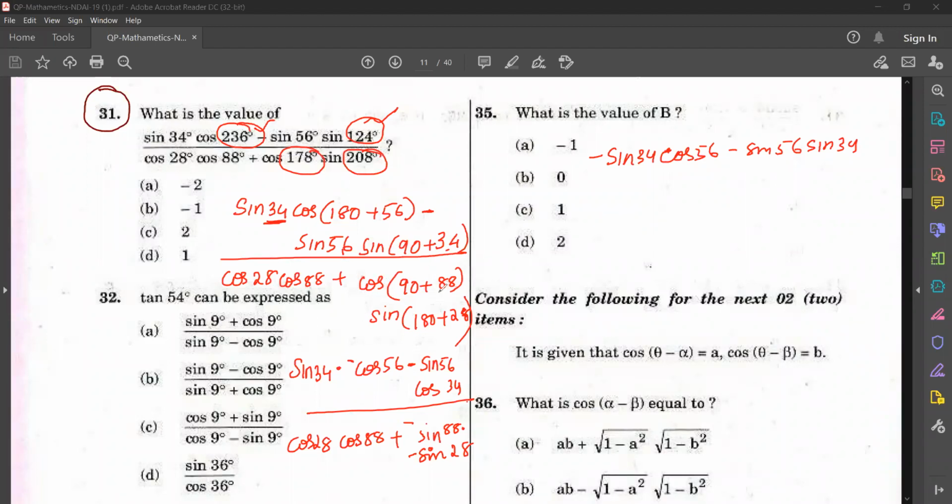So here 90 plus 34 will become cos 34. Here 90 plus 88 means it will become sin 88.